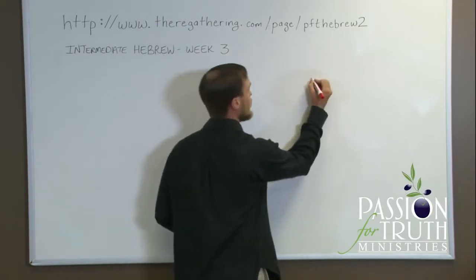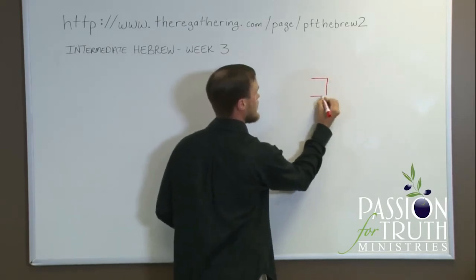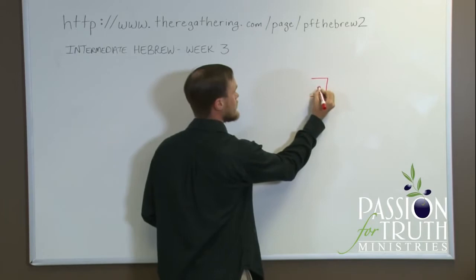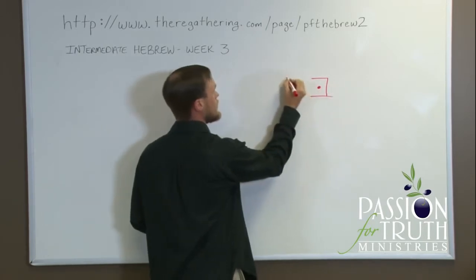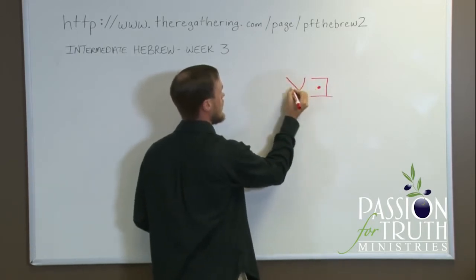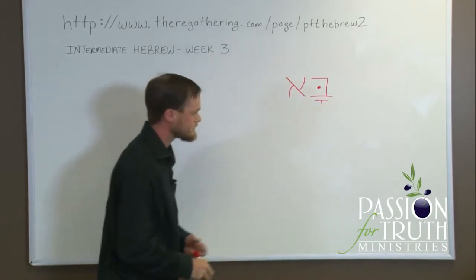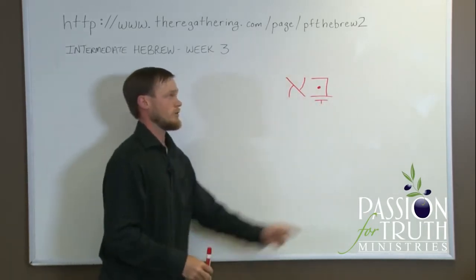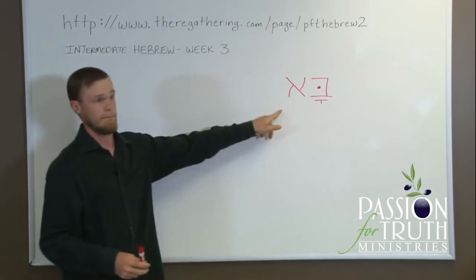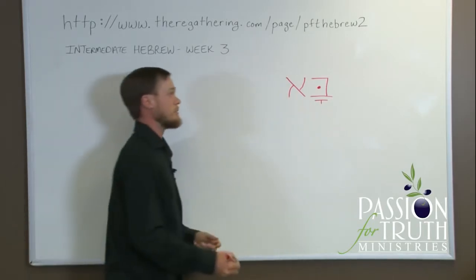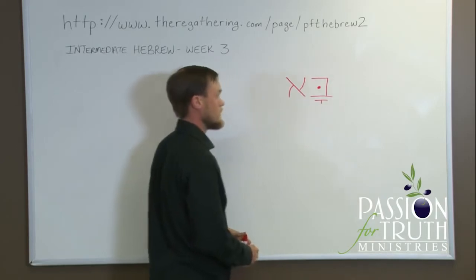So, the verb that I'll give is bait, aleph, with a comets under the bait. So this is pronounced ba, and ba is in the present tense.